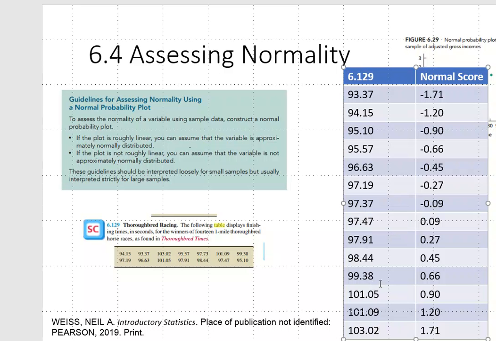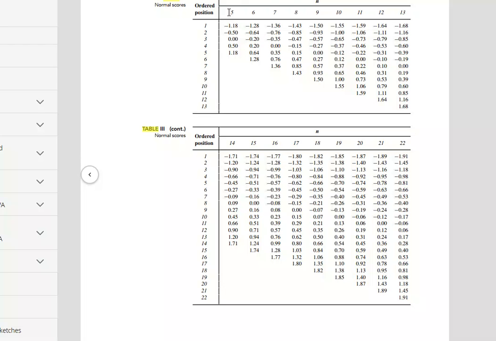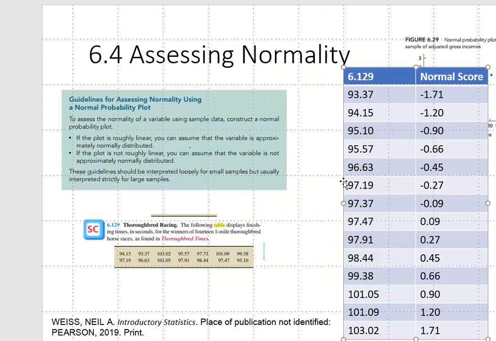We have 14 observations, so n equals 14. This is the row of n's, so we look for 14, which is here, and we are given negative 1.71 all the way to positive 1.71. All I did was copy this and write it out here.